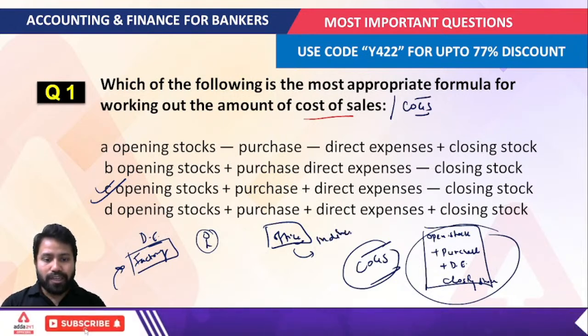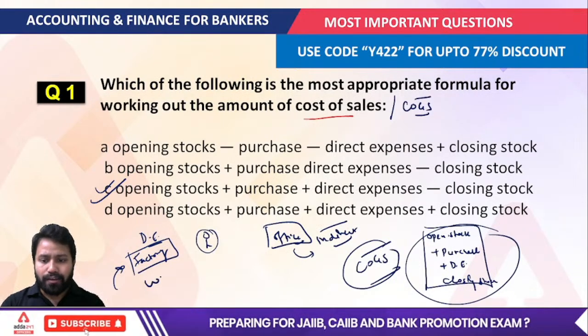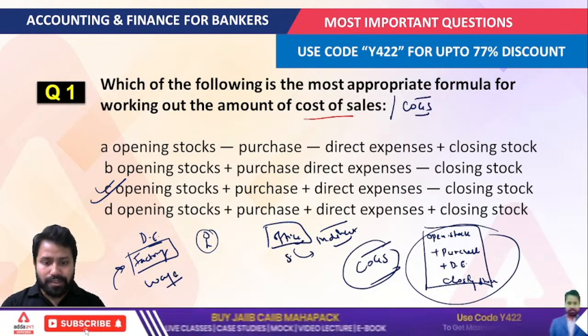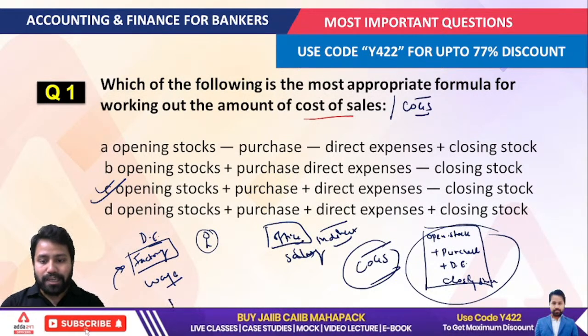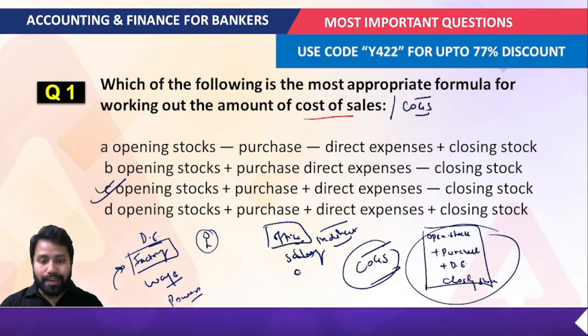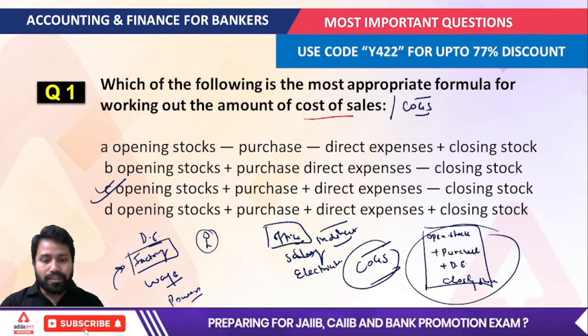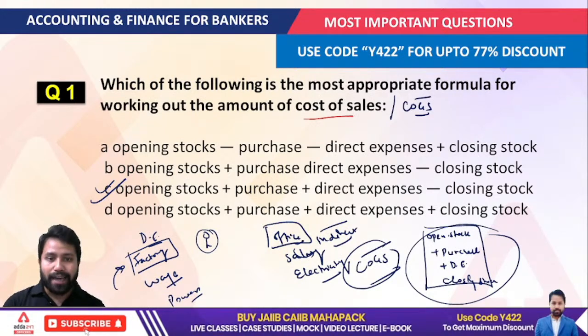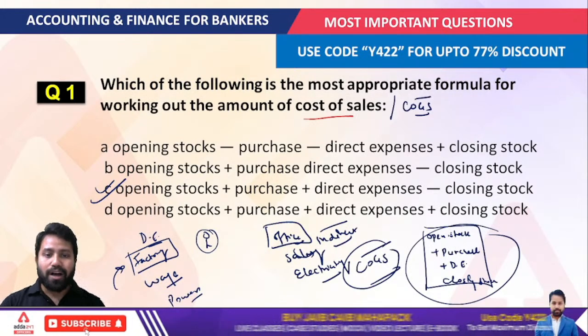For example, wages and salary, or power and electricity. These are some examples of direct and indirect expenses, and you have to understand this.